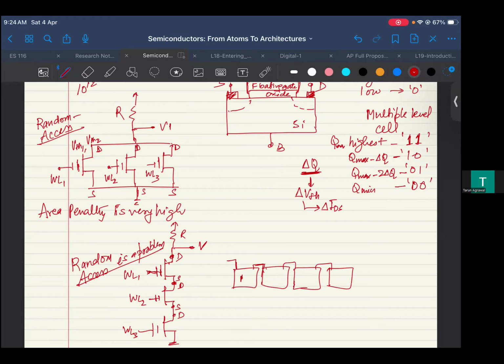So this is MOSFET 1, let's say M1, M2, M3, M4, like that you are putting them in. You can put them in like a battery pack, or some container. So you see that the area is quite optimized.